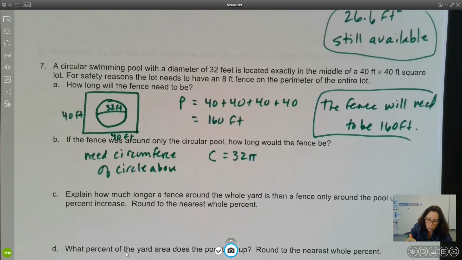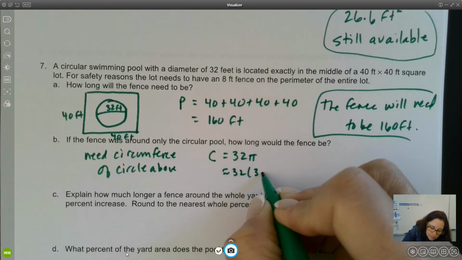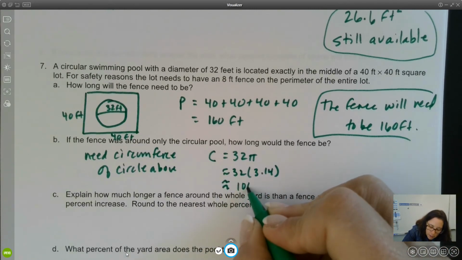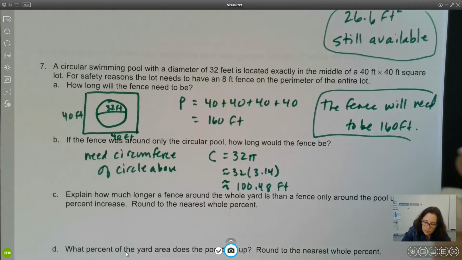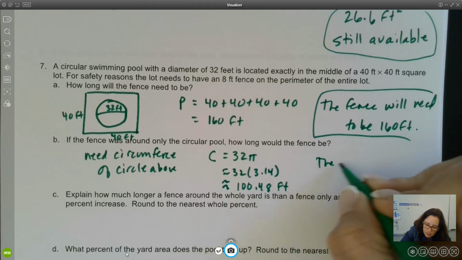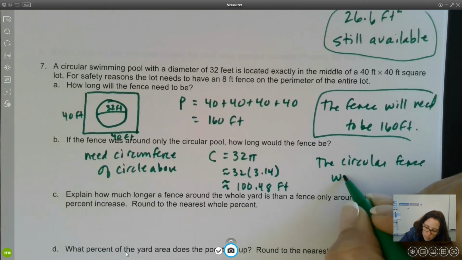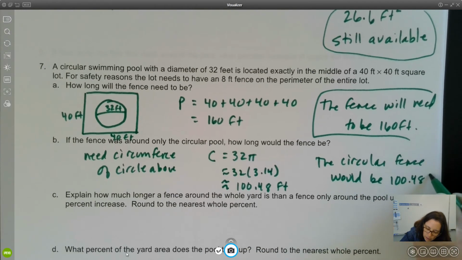Let's use 3.14 for pi. And that gives us roughly 100.48 feet. So the circular fence would be 100.48 feet.